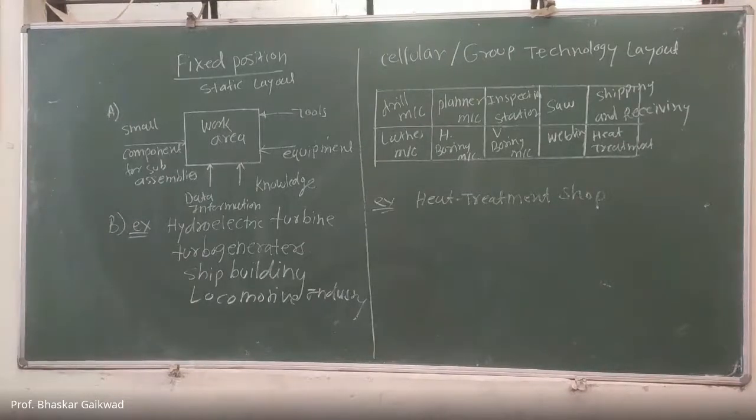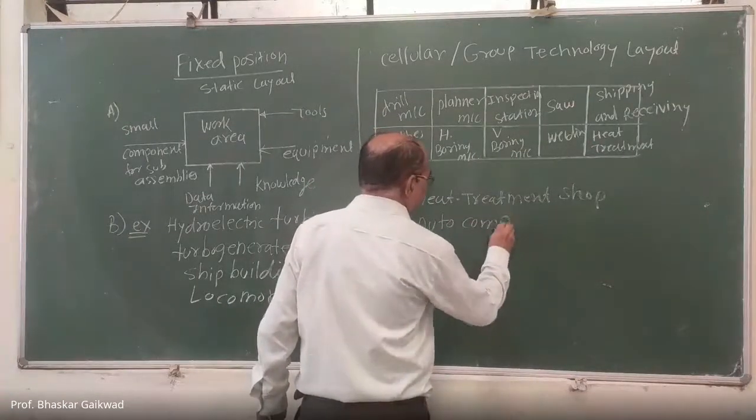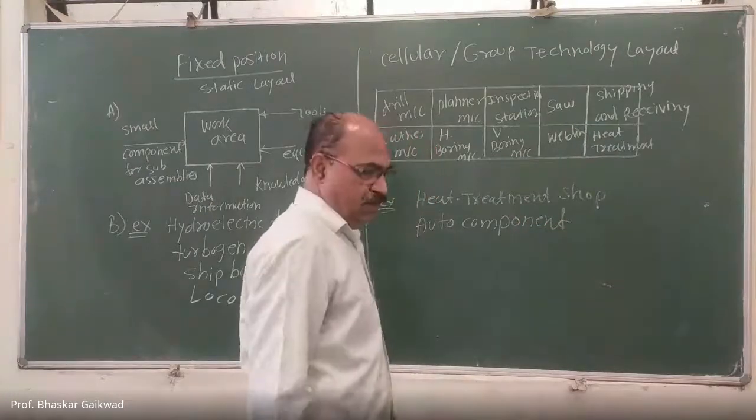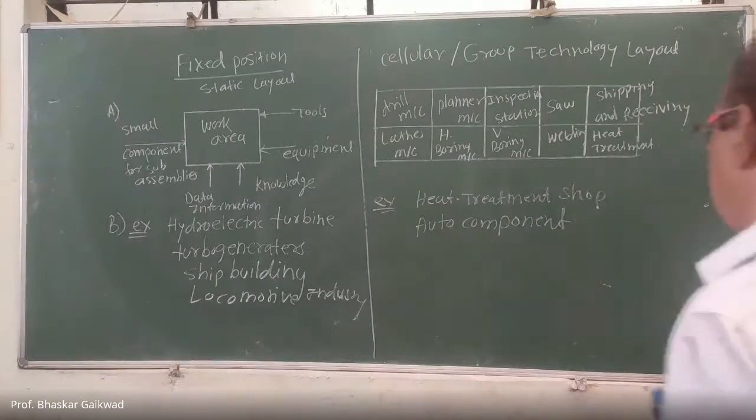Then manufacturing of different types of automobile components or press components, auto components, then different types of products used in the assembly of fertilizer industry, food processing industry, the small components or the gear assembly of a gearbox. Here we can use this gear shop.